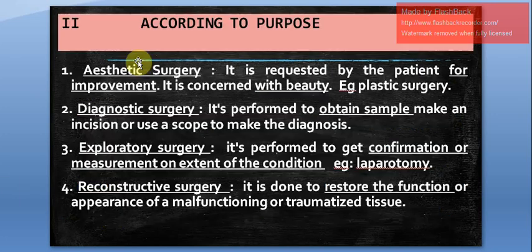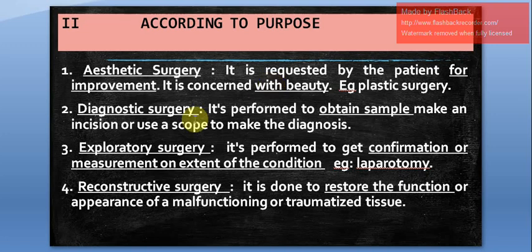So first we will move on to aesthetic surgery. Aesthetic surgery is usually done for improvement, like improving the beauty. For example, any type of plastic surgery if you perform, it could be on your nose or anything, lips and all, enhancement and all, that is referred to as aesthetic surgery, where you are doing it for improving your beauty.